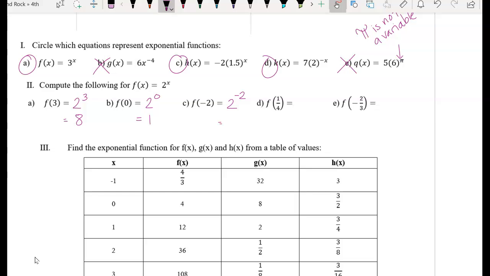So I'm going to create a fraction. Nothing's being put in my numerator, so I have a 1. I'm putting this entire original term into my denominator, making the exponent positive now. And what is 2 squared? So this is actually 1/4.